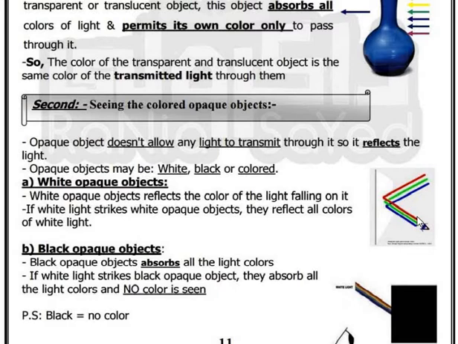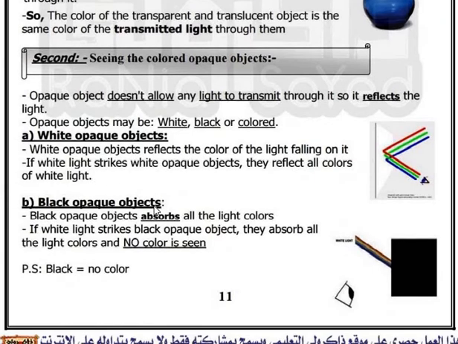When we mix the 7 colors together, they form white light. So our eyes see this paper as white. Then the white opaque object, what does it do? It will reflect all light colors that fall on it.